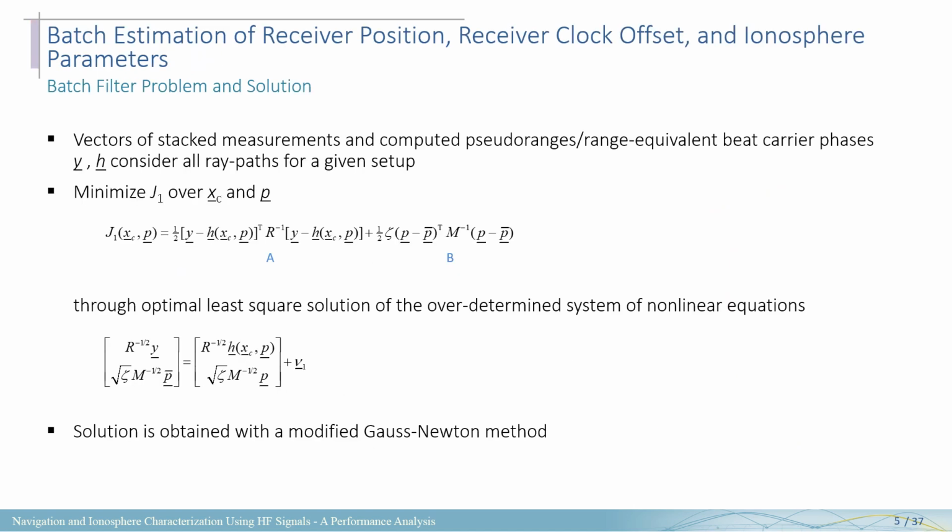The problem is solved with a batch filter that minimizes differences between measured and predicted group delay and range-equivalent phase measurements. Optimization is simultaneously performed for the unknown location of the receiver, its clock bias, and several hundreds of parameters that characterize the ionosphere in a region that includes the receiver and the transmitters.